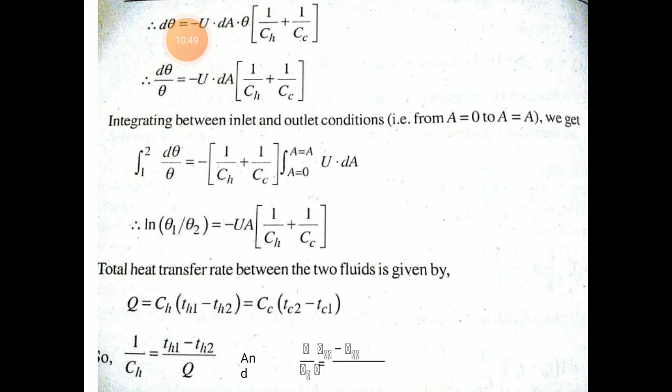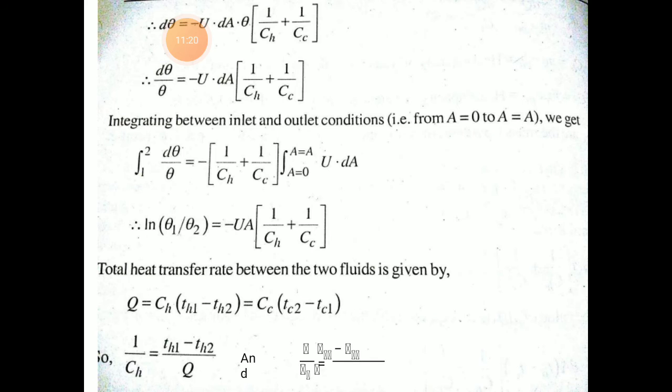Integration from 1 to 2 of d theta upon theta is equal to minus 1 upon Ch plus 1 upon Cc, which is a constant, integrated from 0 to A of U dA. After solving, we get ln theta 1 upon theta 2 is equal to minus UA into 1 upon Ch plus 1 upon Cc.